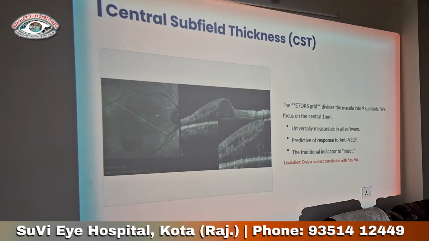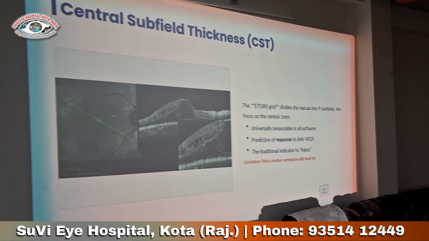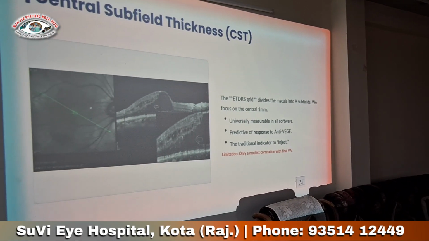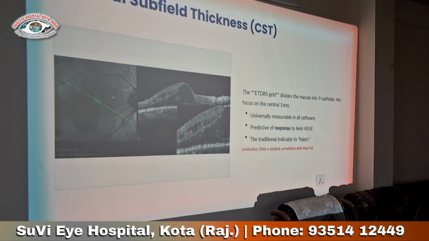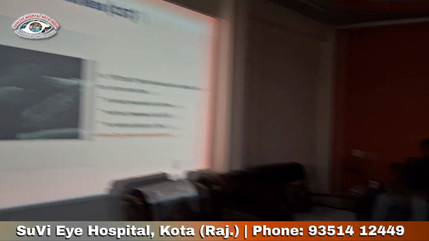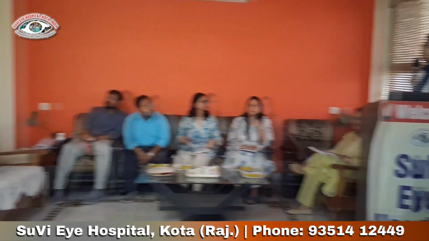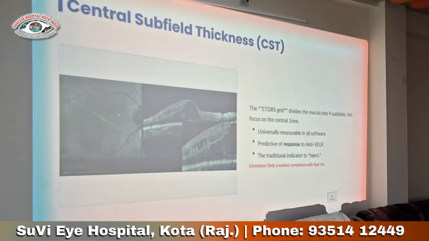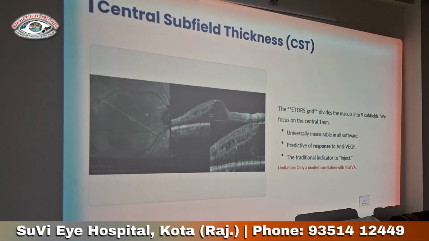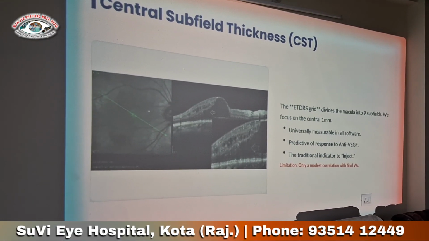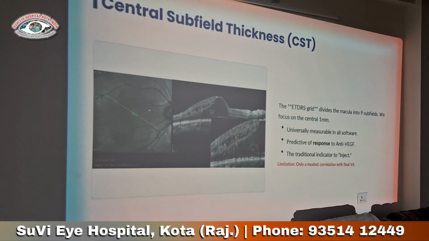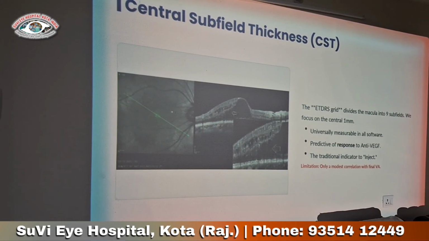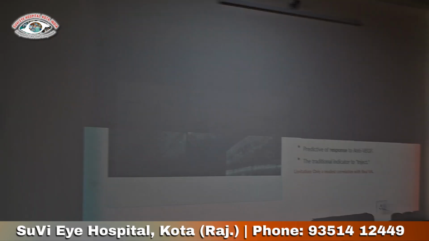Can you elaborate some of the biomarkers? What are the OCT biomarkers in diabetic macular edema? No problem. So first is the central subfield thickness. It indicates the macular edema in the central 1 millimeter zone.